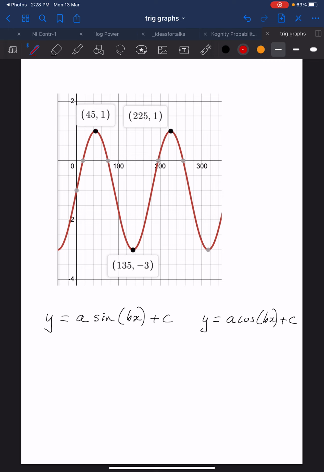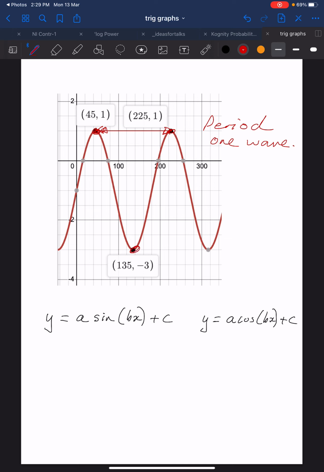So first of all, I'm going to start by looking at the graph and just finding out some aspects of it. From the maximum to the maximum, this distance here is called the period. It's basically over how long in the x-axis it takes to make one wave. Okay, the period is how long to make one wave.